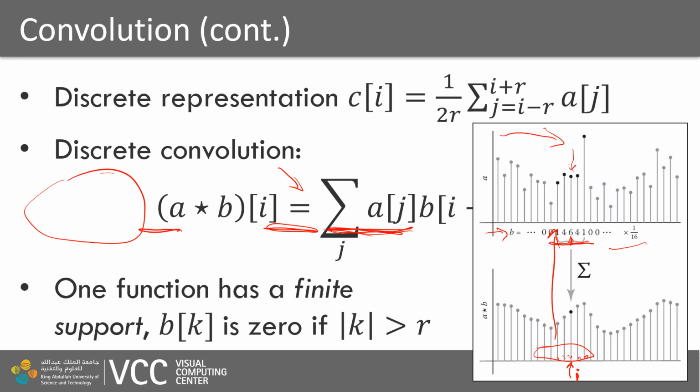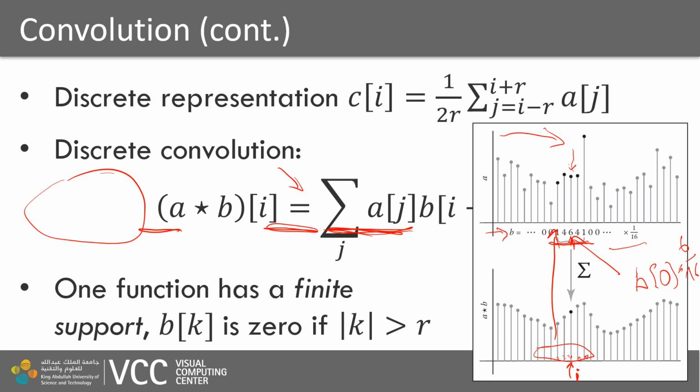So this is, for example, B0, number 6. B0 equals 6 divided by 16. And B minus 1 and B1 is equal to 4 divided by 16. And B minus 2 or B plus 2 is equal to 1/16.